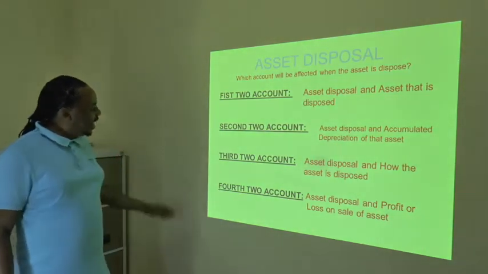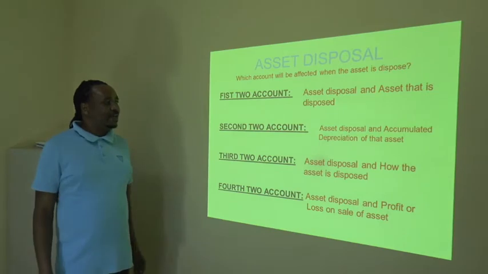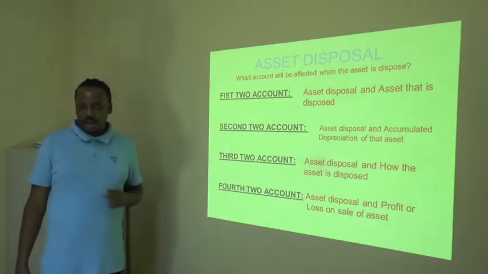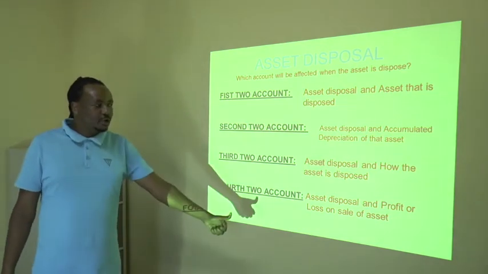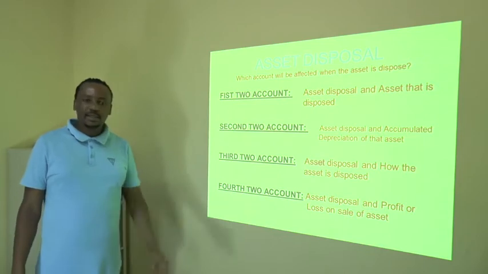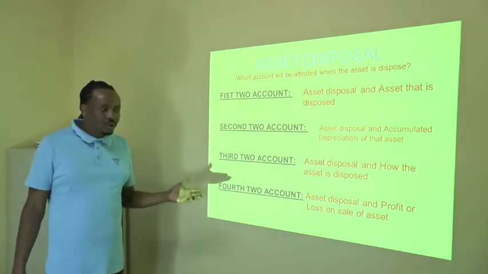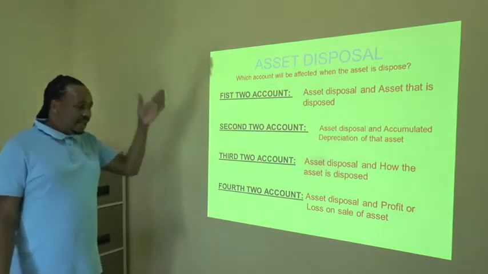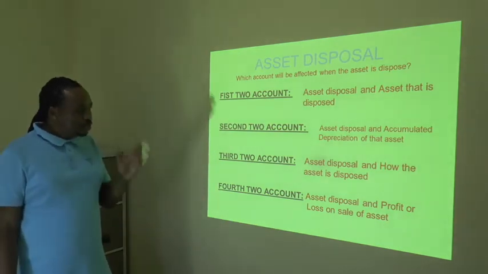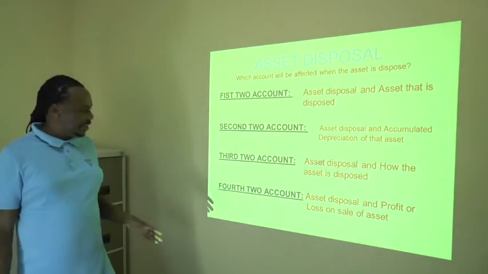And then the third two accounts that will be affected will be asset disposal and how the asset has been disposed. Remember, I said the asset can be disposed by selling an asset, trading in an asset, donating an asset, or making drawings. There are also other examples, but these are mostly what take place when it comes to disposing an asset.